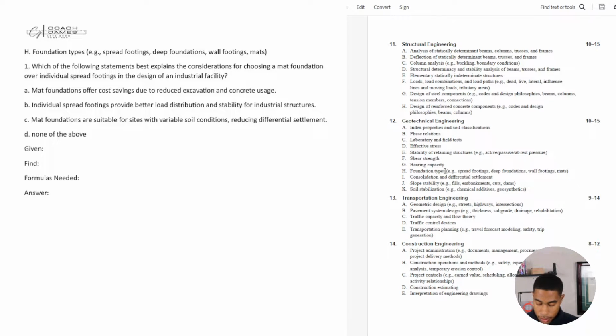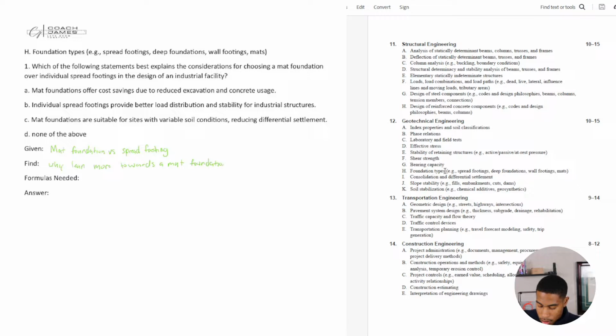Okay. So what information are we given? Well, we're given a mat foundation versus a spread footing, and you're trying to find why you would lean more towards a mat foundation.